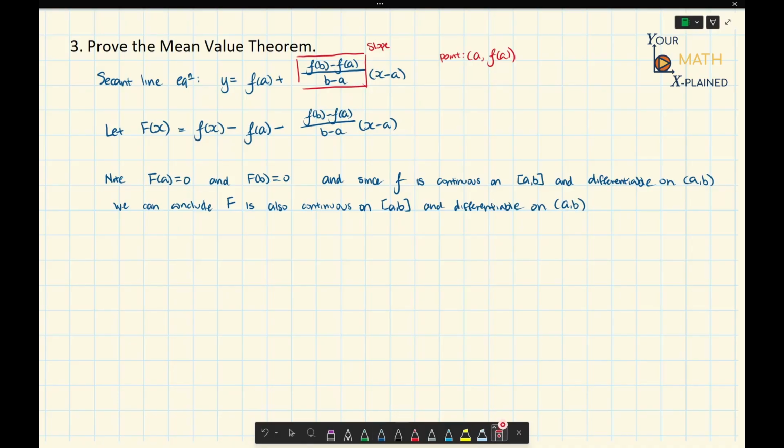And the reason is because our function capital F of x is defined as the original function f of x minus the equation of the secant line, which is just a linear equation.